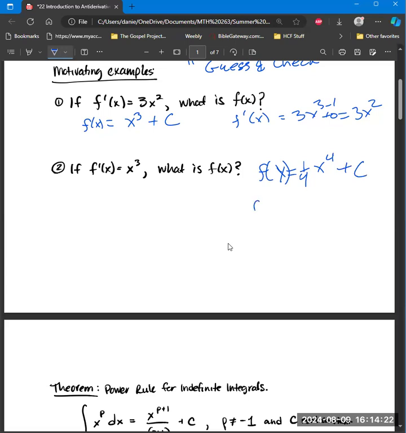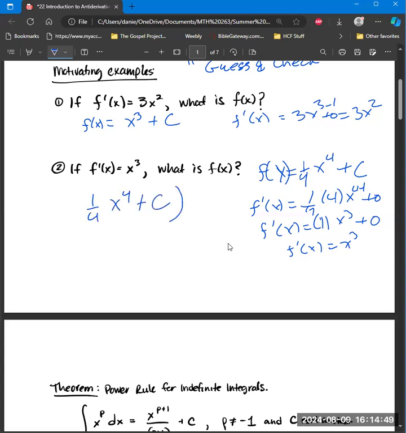Let's verify that. F prime of x is equal to 1/4 times 4, x to the 4 minus 1, plus 0. F prime of x would be 1 times x to the third plus 0, so x to the third. So that's correct. My antiderivative here would be 1/4 x to the fourth plus c.